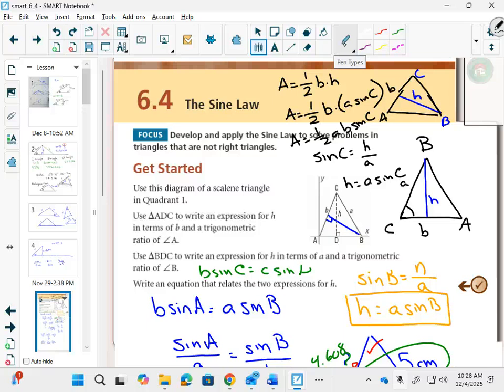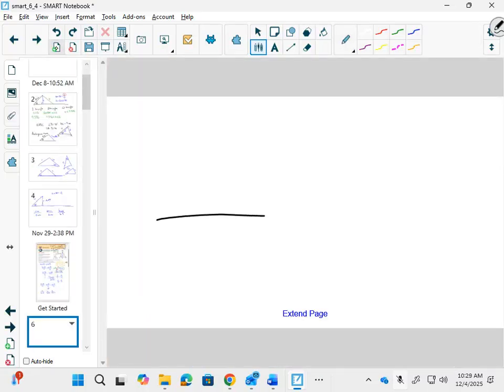And I could give you a question like this. A triangle with sides of 6 and 9. What is the area of this triangle? What's the problem with our old formula? Our old formula says one half base times height. I don't know the height. I can't find the area.